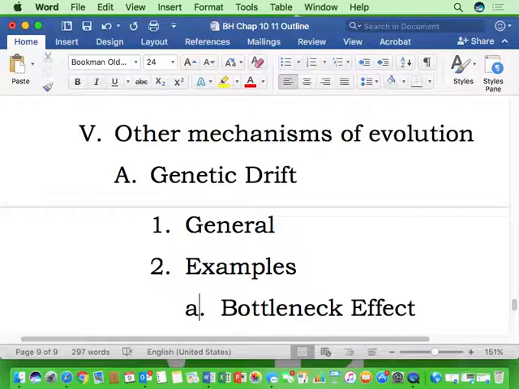The bottleneck effect occurs after an event happens that greatly reduces the size of the population.